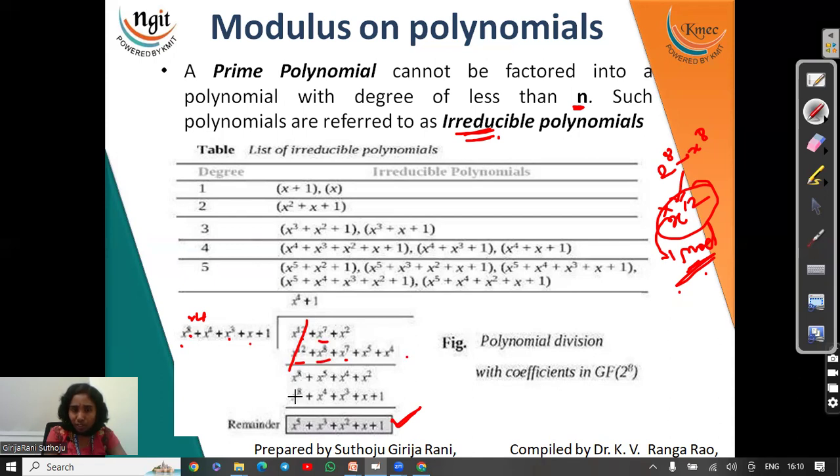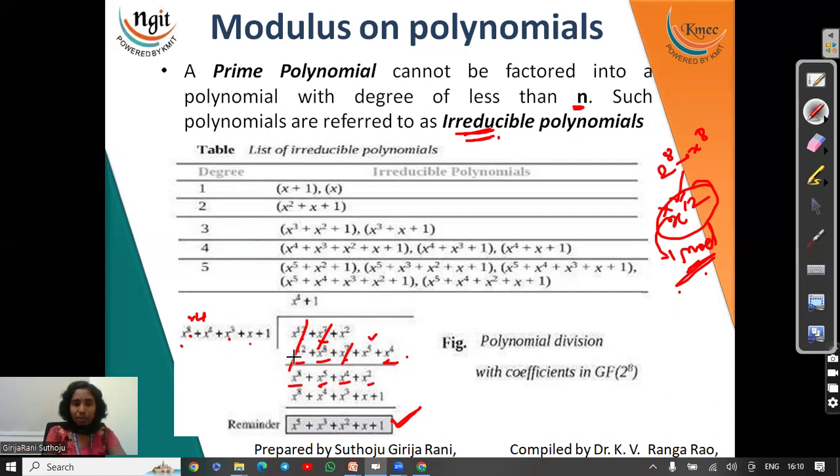X to the power of 8 plus x to the power of 7 is also gone. X to the power of 7 is also gone. We have two terms here. Next, x to the power of 5 is remaining, x to the power of 4, x squared. So whatever is remaining, I have written.